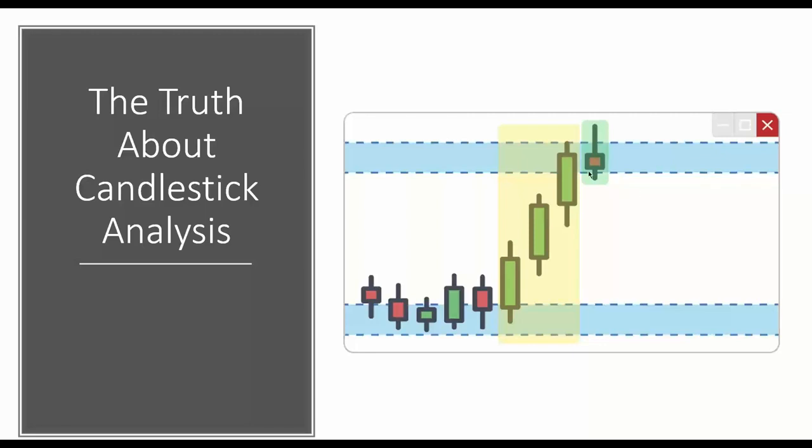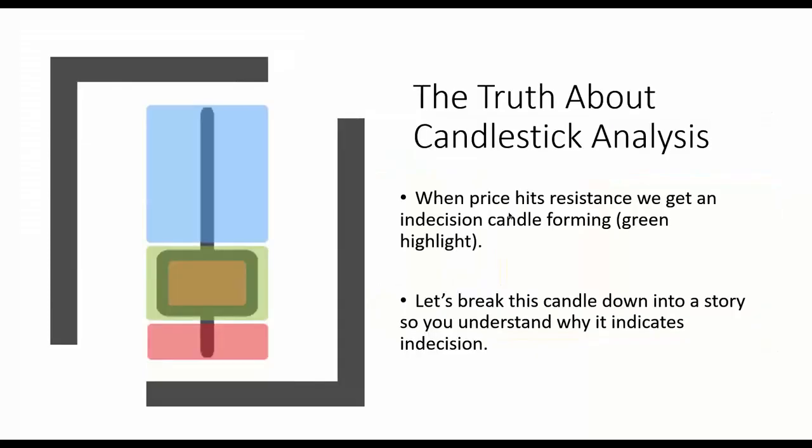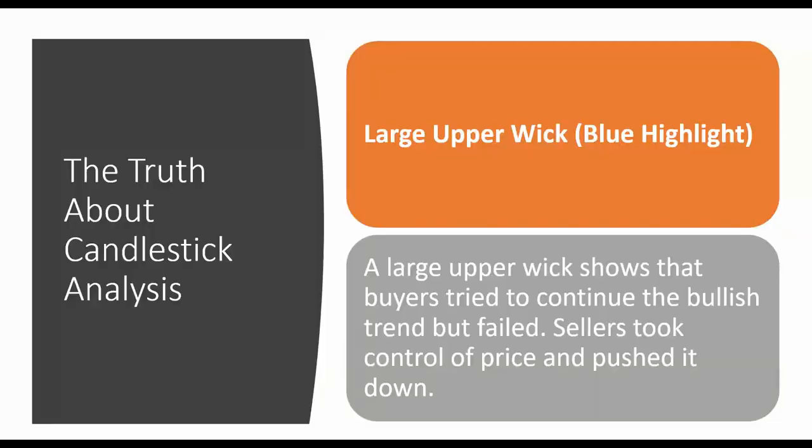Then, when the market is moving up and it is a strong movement up, this indecision candle forms, and it forms on that support or resistance zone. So when price hits resistance, we get an indecision candle forming. Let's break down that candle or that story so you understand why it indicates indecision.